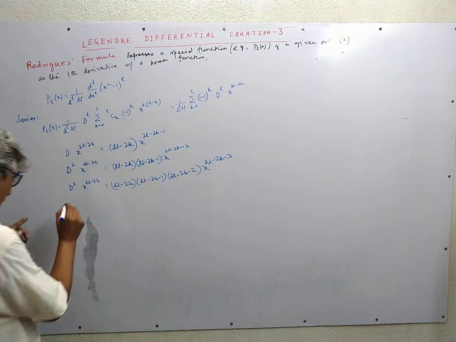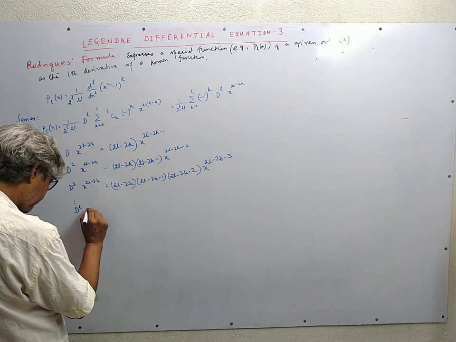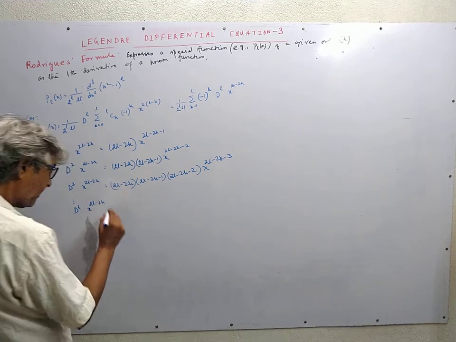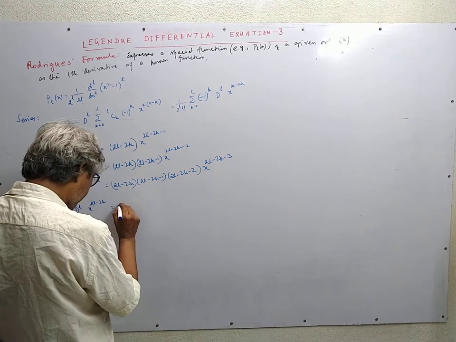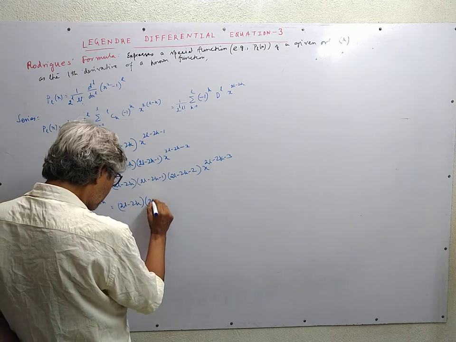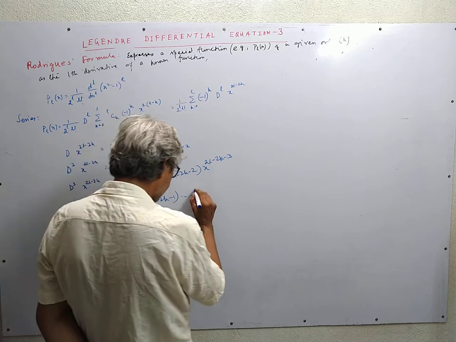So if we go on in such a way, d^L operating on x to the power 2L minus 2k, the factor will be (2L minus 2k)(2L minus 2k minus 1) and so on, going right.